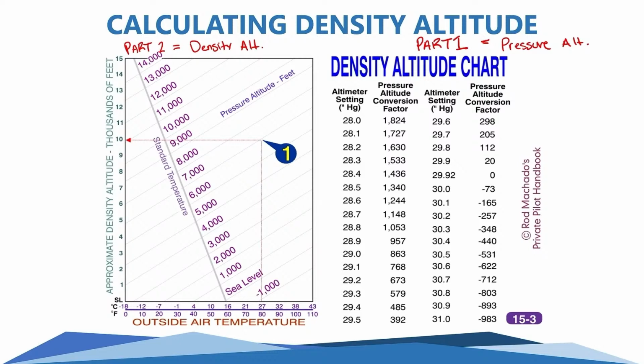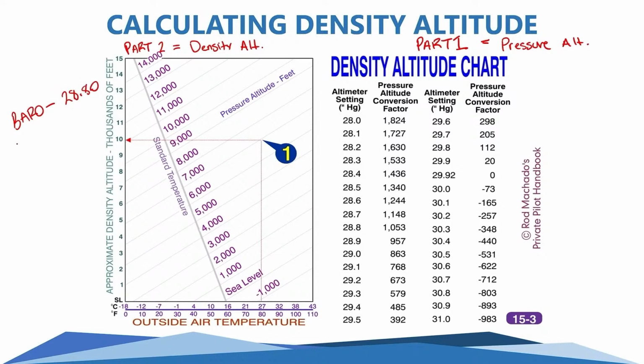But very simply, the way that we would calculate it is we need a couple pieces of information. Number one, let's say our altimeter setting, or baro setting, I'm going to make it easy on you guys, is 28.80, okay?